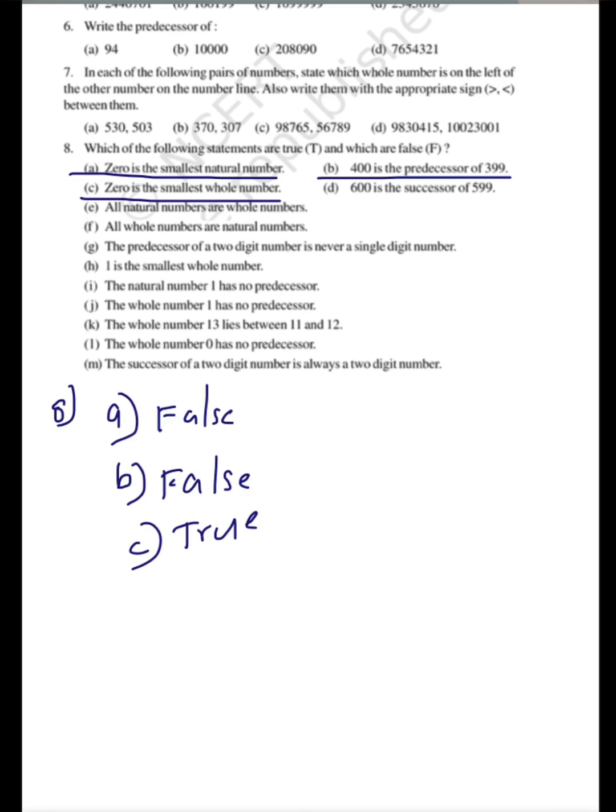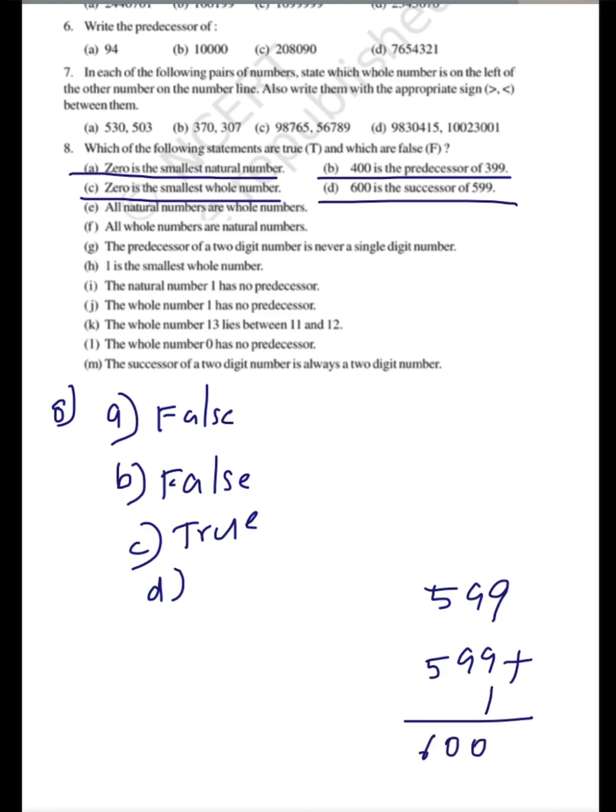D. 600 is the successor of 599. How will you get the successor? You just add 1 to 599 and you will see that 600 is the answer. So 600 is the successor of 599, which is a true statement. So D is true.